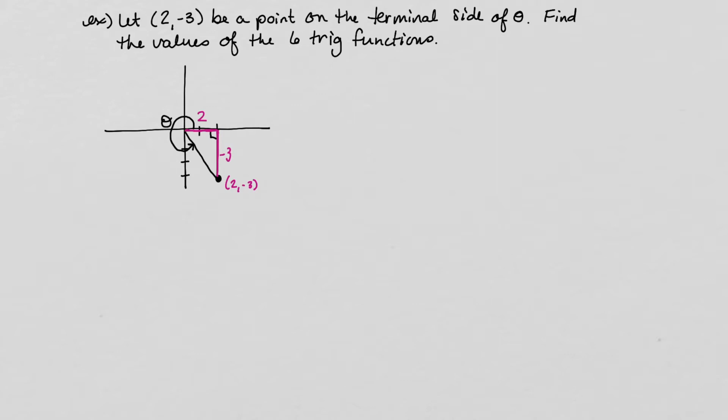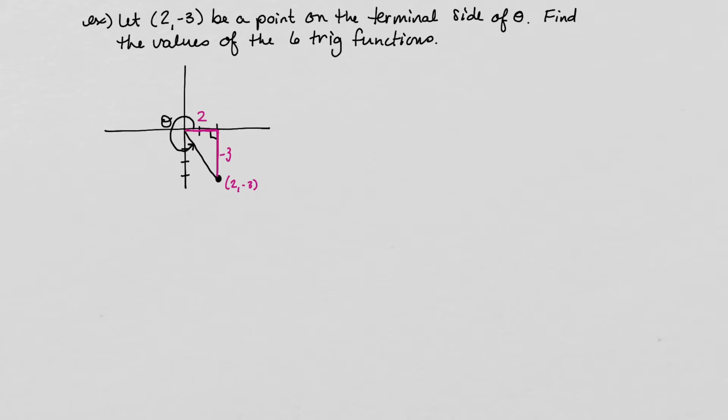Okay, so to find the values of the trig functions, I'm going to need to find the hypotenuse, right? So how would I find that hypotenuse? Yeah, so the 2 and the -3 are the x and the y, because it gives you the point. Anytime they give you a point, the first number is the x and the second number is the y. So the 2 is the x and the -3 is the y.